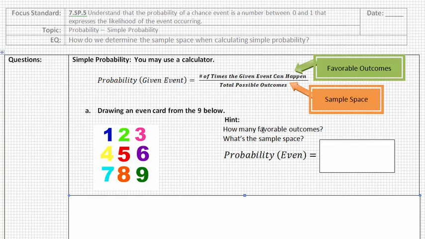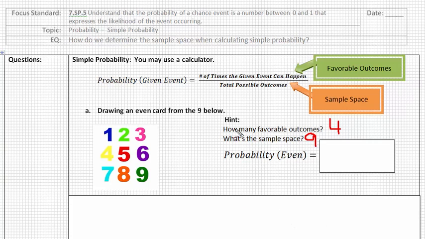Let's work. How many favorable outcomes? Well, we're looking for even cards. Evens are 2, 4, 6, 8, right? So 2, 4, 6, 8. There's 4 of those. And what's our total sample space? Well, there's a total of 9 cards. So our sample space is 9.